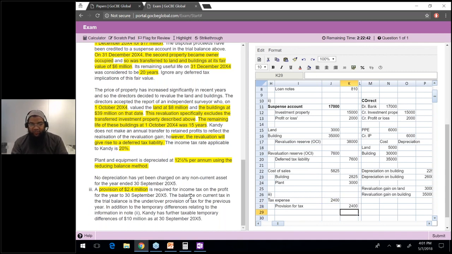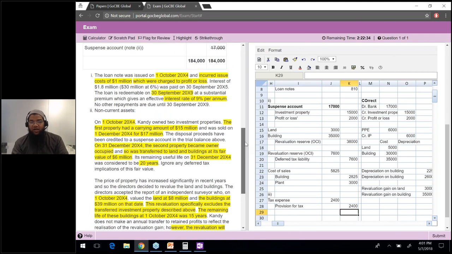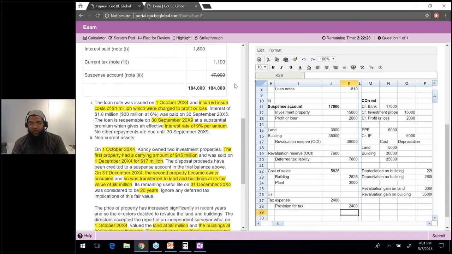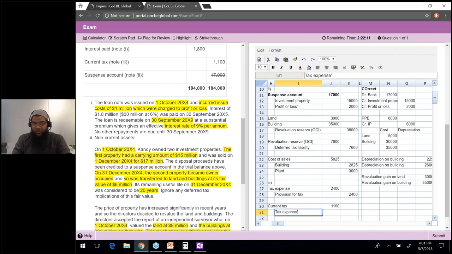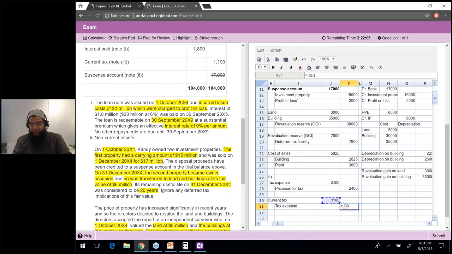The question further says that the balance on current tax in the trial balance is the under or over provision of tax for the previous year. So the current tax given in the question relates to the under or over provision. What we are going to do is prepare an entry as current tax debit given in the trial balance, because this had a credit balance, so we eliminate it by debiting it, and then transfer this into the tax expense by 1,100.